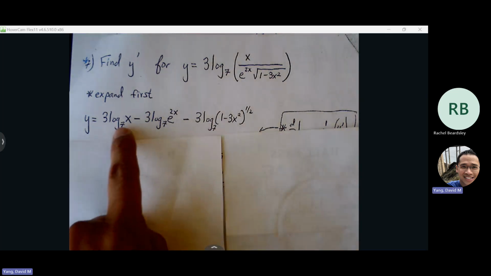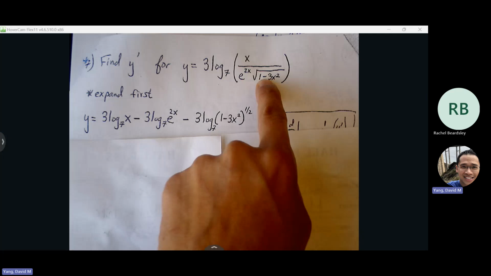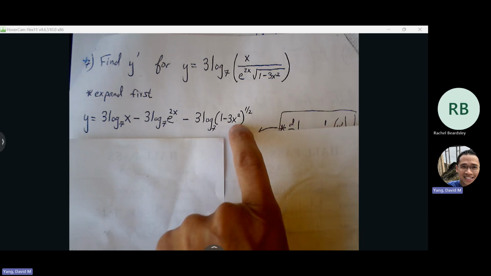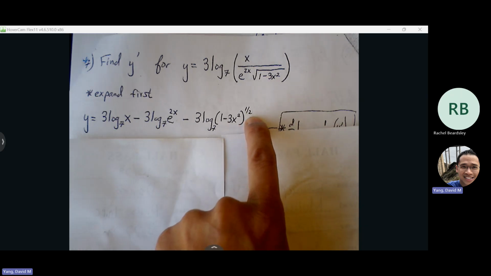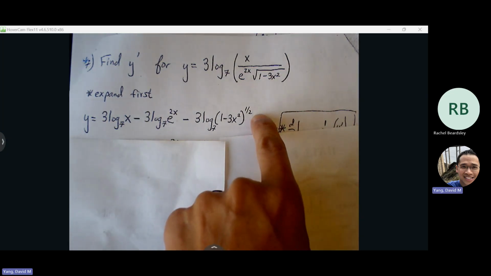So log of the numerator minus log of the denominator minus the log of the other denominator. I can bring that radical out as raised to the 1/2. Clean up. I'm going to bring that 1/2 down in front.